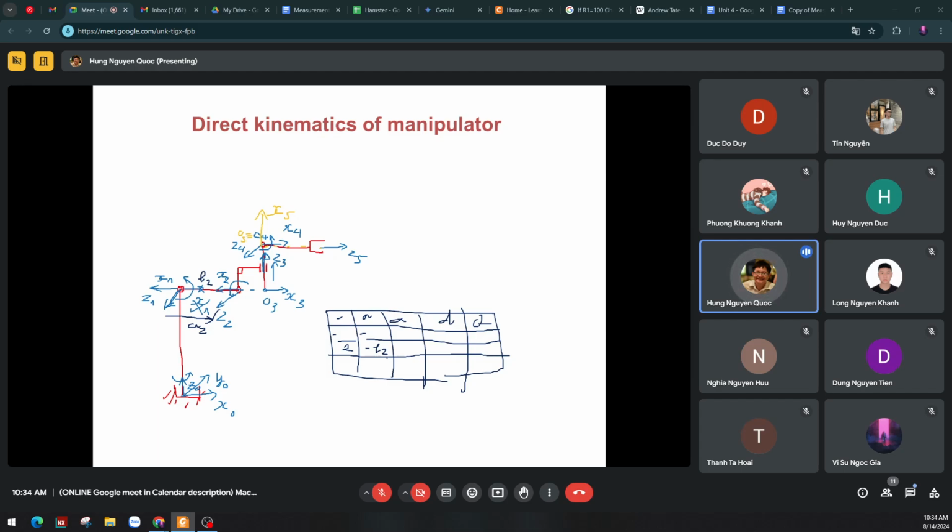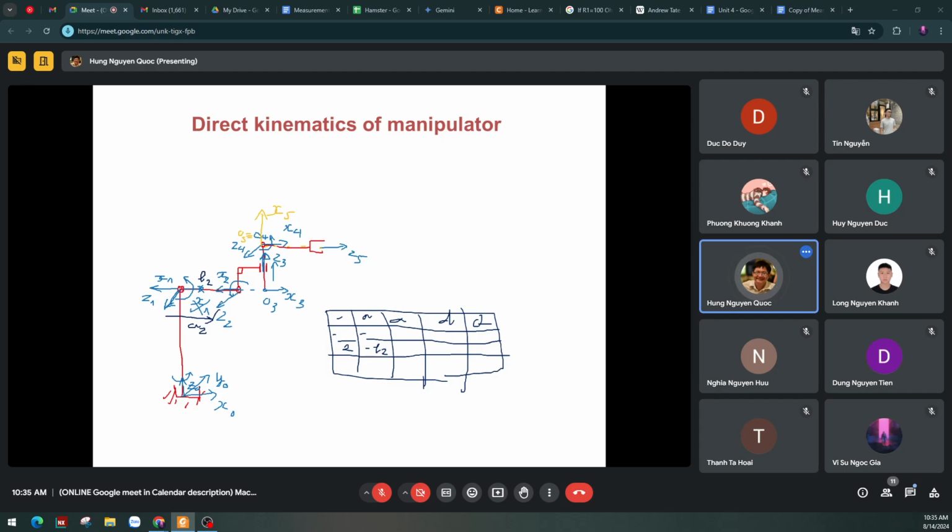When we move from coordinate 1 to coordinate 2, we move along this axis in the negative direction, so it should be minus L2.